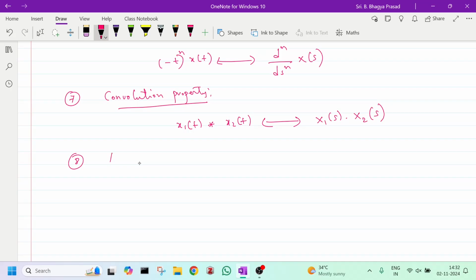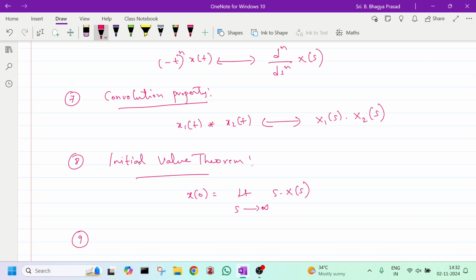Another important property: the initial value theorem and the final value theorem. In the initial value theorem, x of 0, the initial value, you can get as limit s tends to infinity s into x of s.